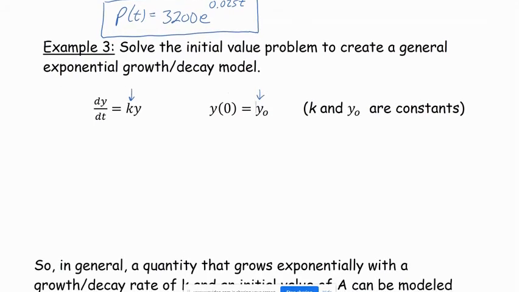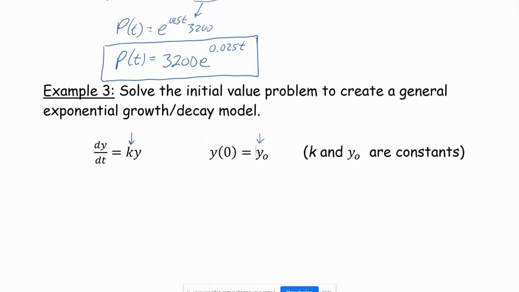If we solve this the same way we did previously, we would divide both sides by y and multiply both sides by dt. And so then I get 1 over y dy equals k dt.